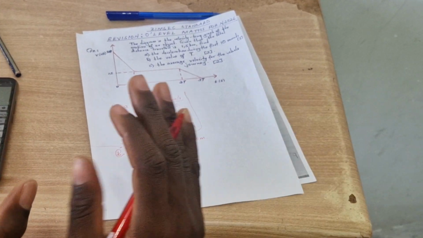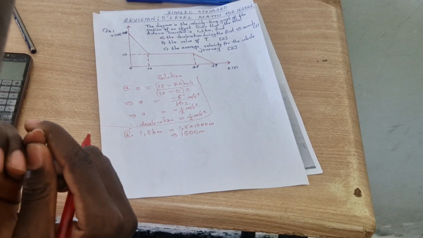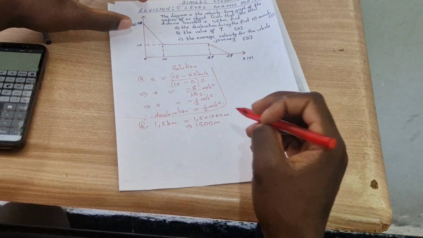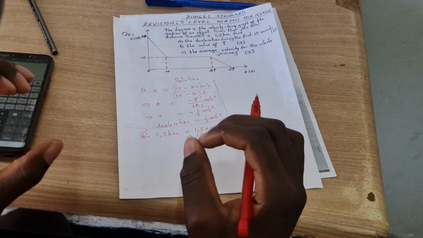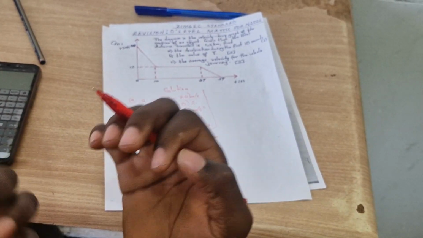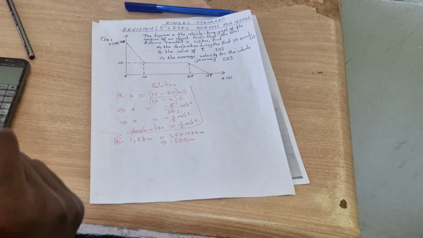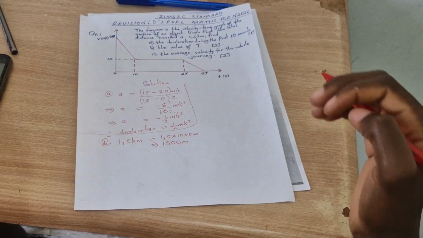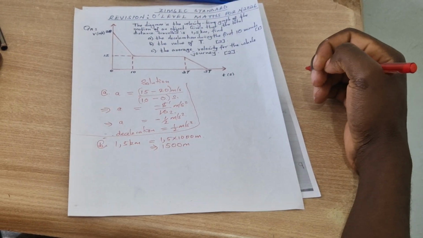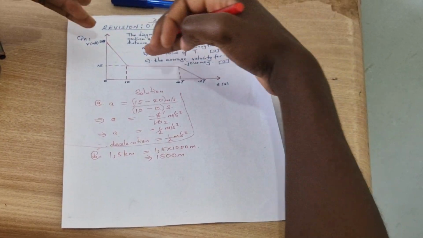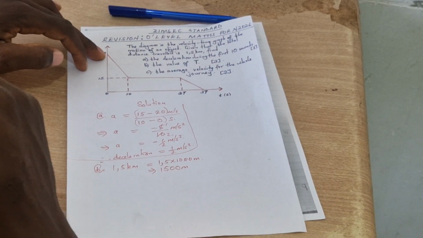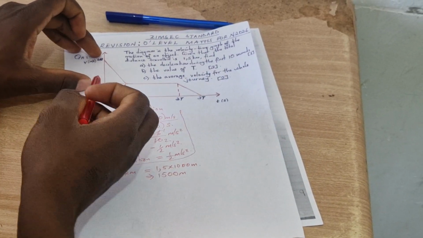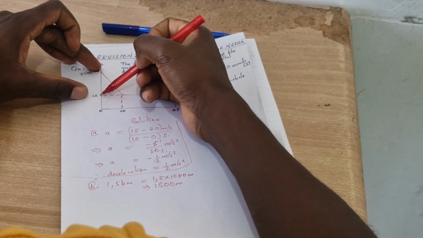So to find the value of t, the first thing to consider is that when we are given a velocity time graph, the idea to find the total distance is to find the area under the graph, the area bounded by the graph, right? So what are we saying? We have got a triangle here.